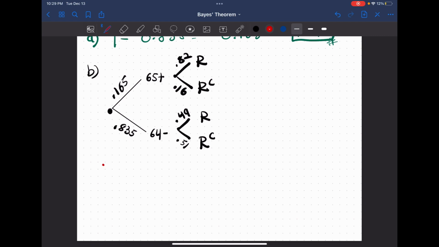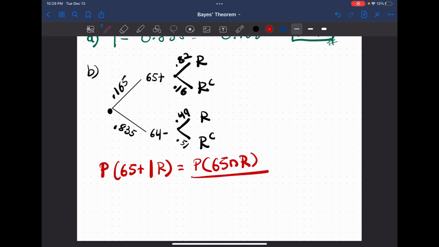So what we are finding is the probability of 65, given R. Based on the law of conditional probability, it's simply the probability of 65 and R, over the probability of R, right?